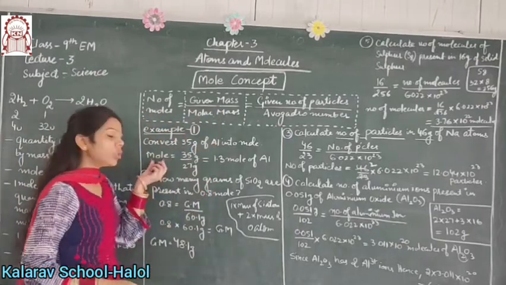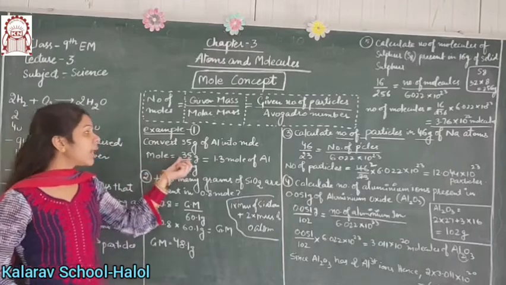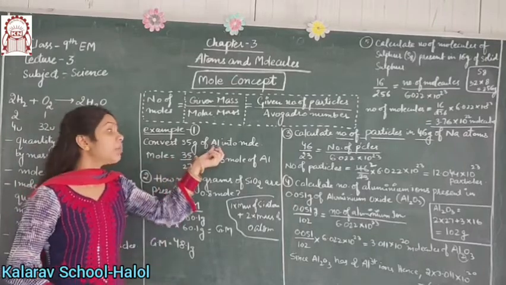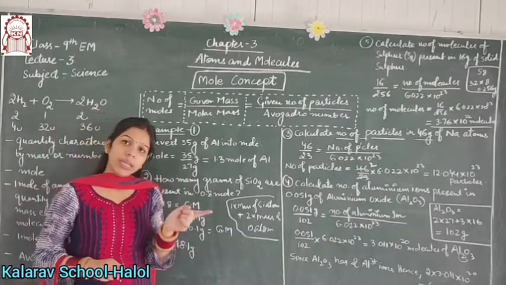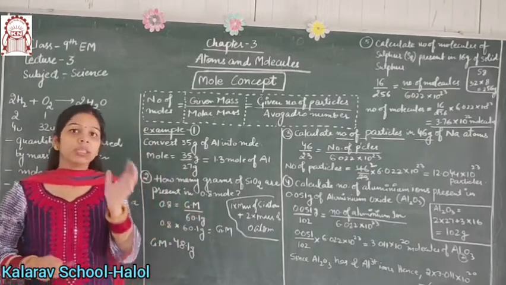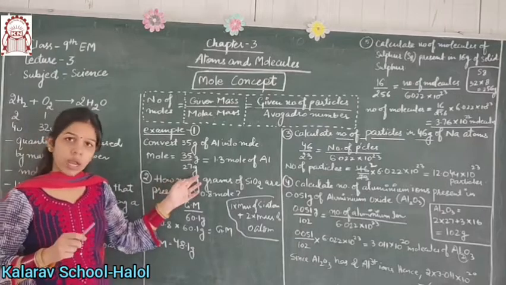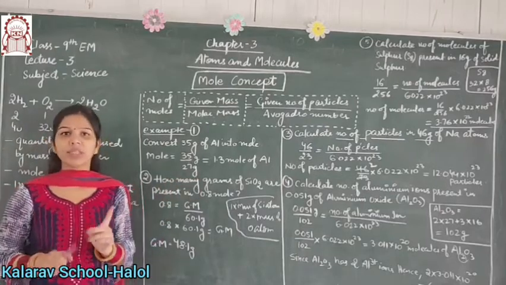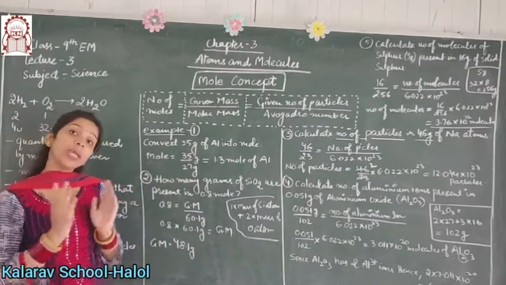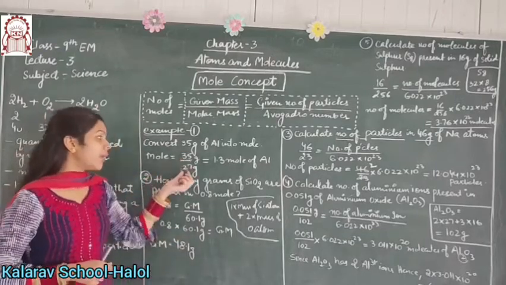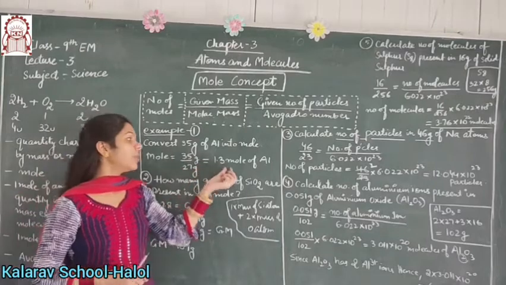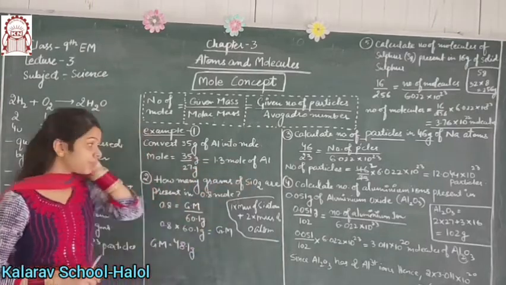Given mass is 35 gram and the mass of an aluminium atom, which I gave in the PDF file of the previous lecture, is 27 gram. You have to learn the masses of different atoms, which is very important for doing the numericals. So mole equals 35 upon 27, that is 1.3 mole of aluminium.